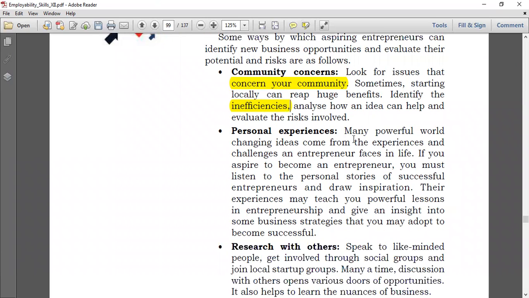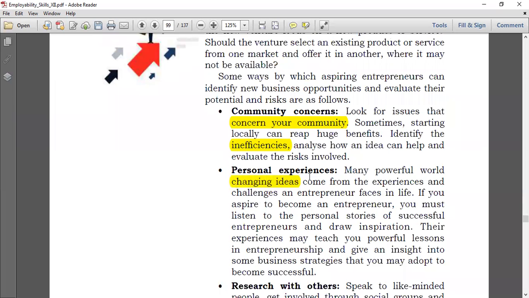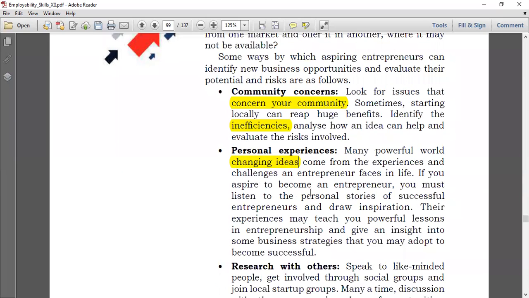Personal experiences. Many ideas, many changing ideas, came from the experience of a person throughout his life. So that also pays the effect, right?